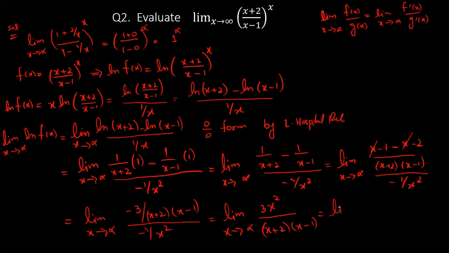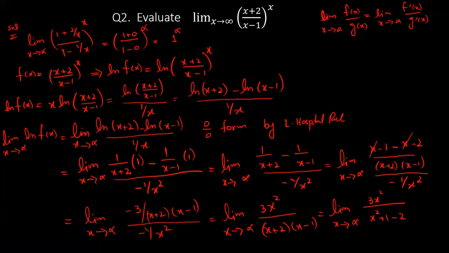Further solving it, we get limit x approaches infinity 3x square, and when we multiply these two, this gives us x square plus x minus 2. So now this is the final form.